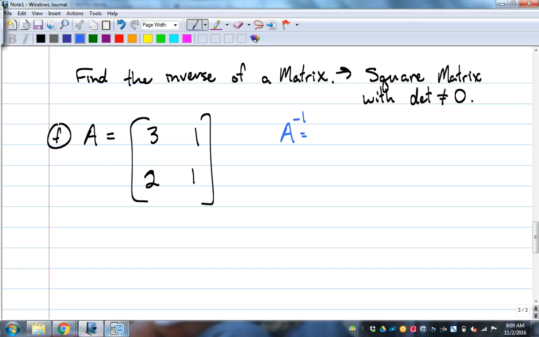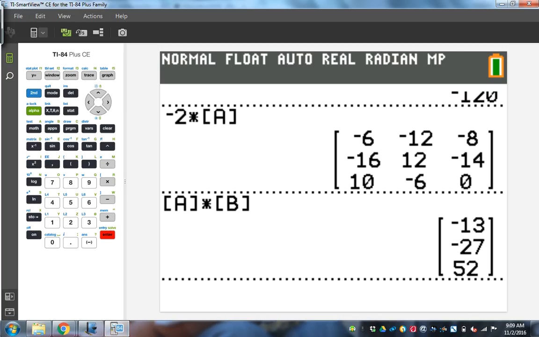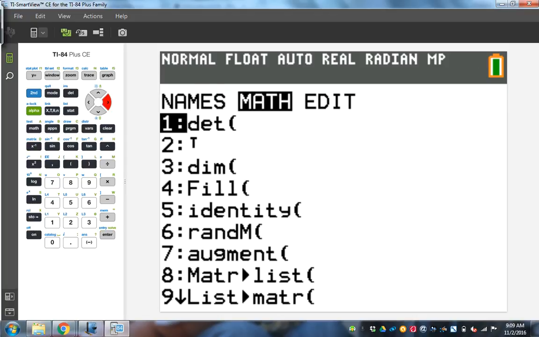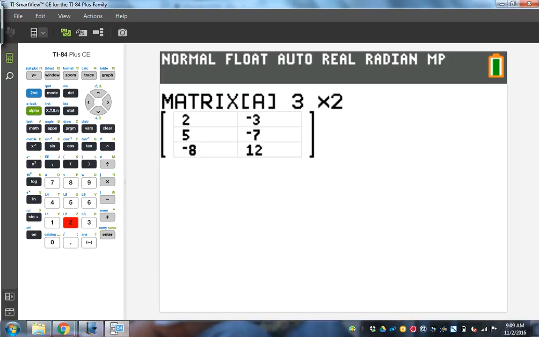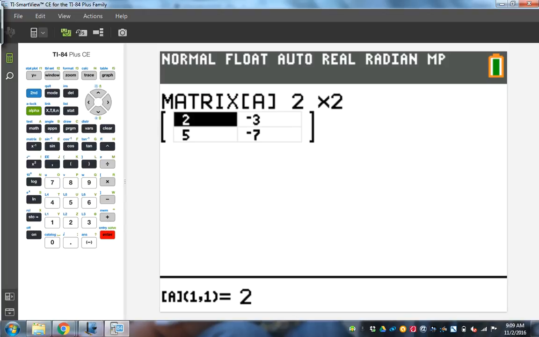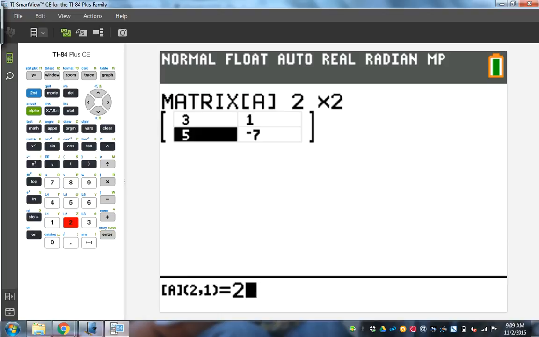So in your calculator, this is what you want to do. Put that matrix in there. Second matrix, go to edit. This one is a 2 by 2. Works the same way for 3 by 3, 4 by 4, 5 by 5, 26 by 26. It works the same way. And just put that matrix in there. 3, 1, 2, 1.